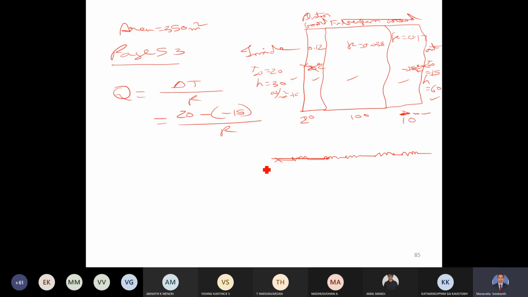So this is T infinity 1, which is 20 degrees, and this is minus 15 degrees. In between, there are some nodes corresponding to the walls.